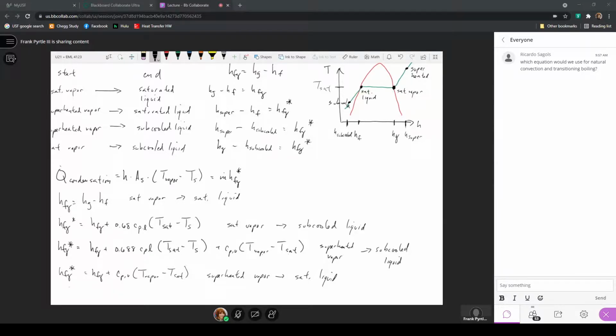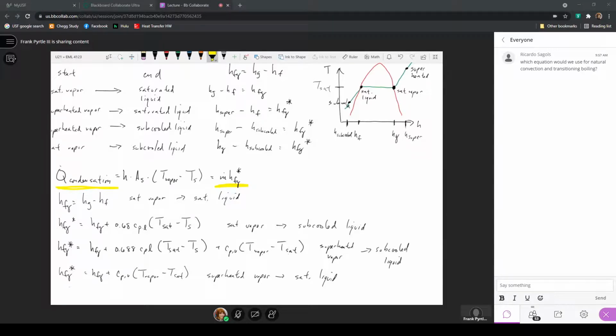So these expressions can be used in this expression for HFG when we consider, if I have this heat transfer rate due to condensation, what would be the rate at which condensate is actually being formed?